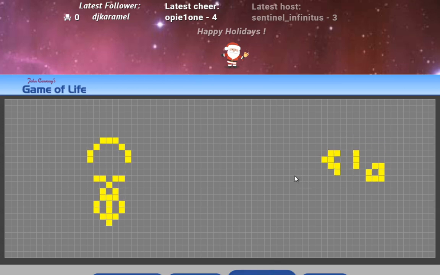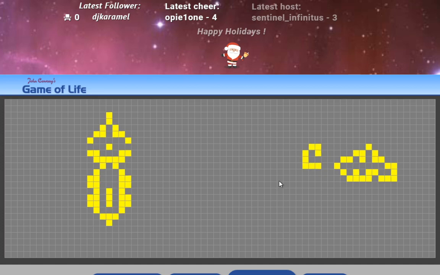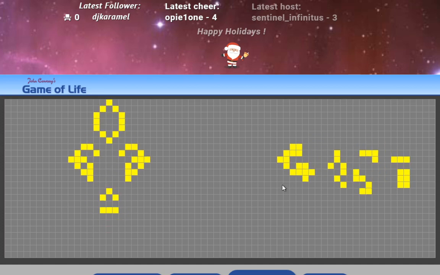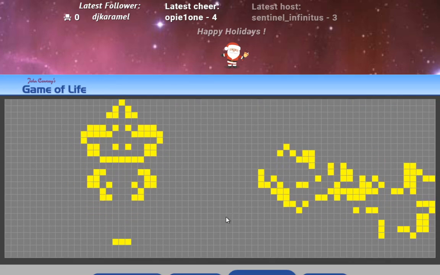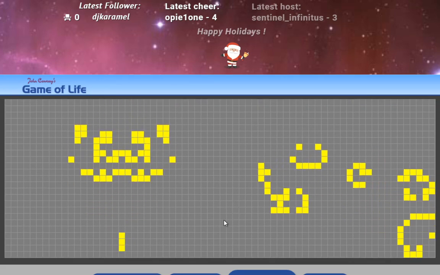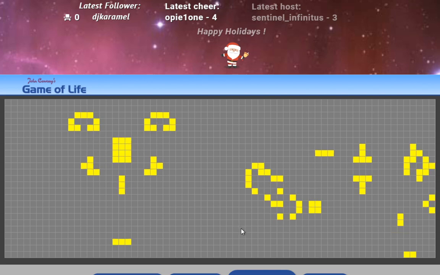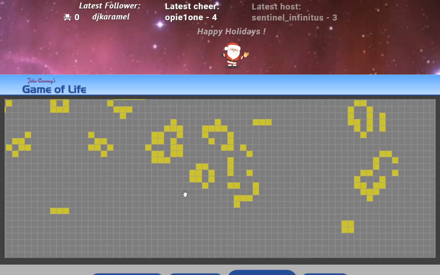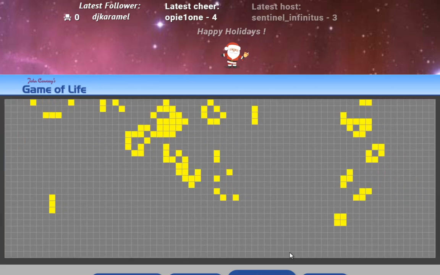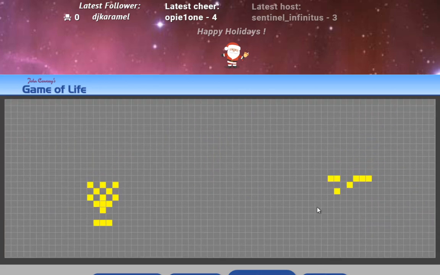But yours is interesting. It moved out though. It sent something away. I want to see what happens to mine if it doesn't get attacked here, because mine was doing something interesting.